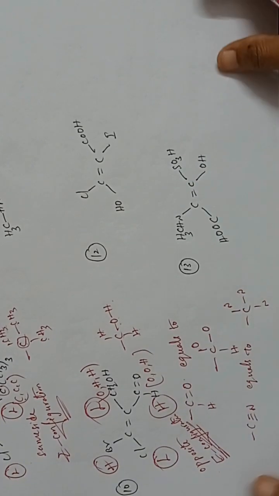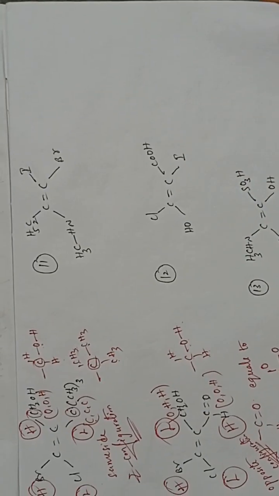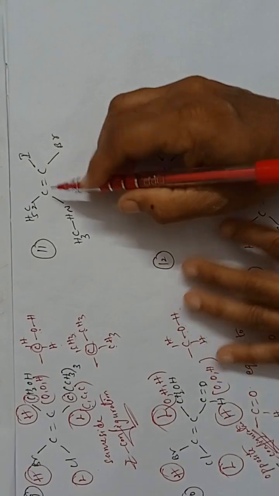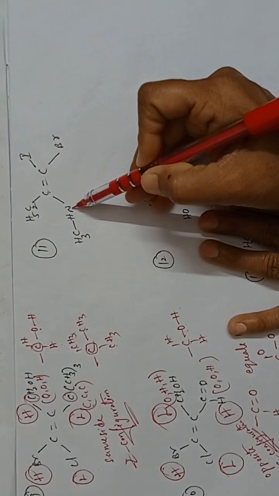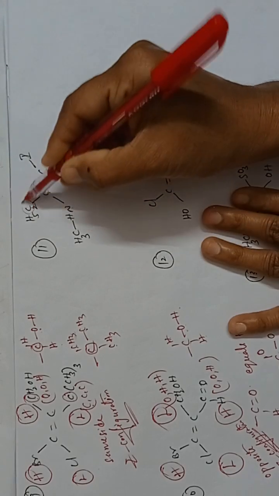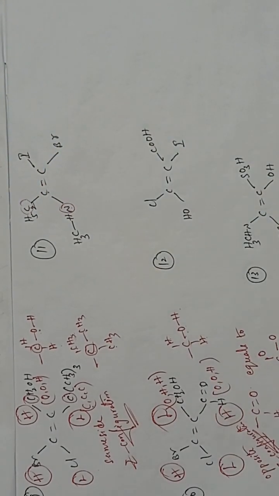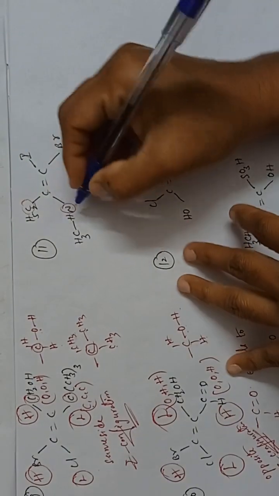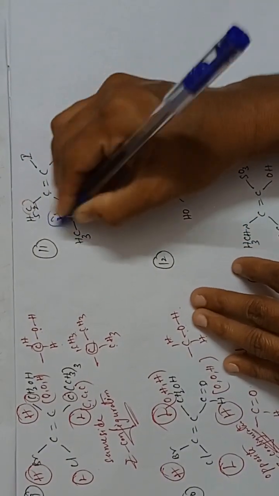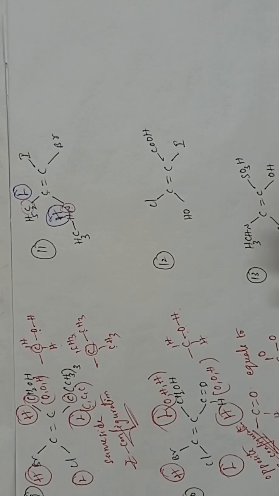E configuration. Now see the next example, students. Here, this carbon is attached to carbon, here attached to nitrogen. Which has the higher atomic number, carbon or nitrogen? Nitrogen. So this is higher, this is lower. Clear?